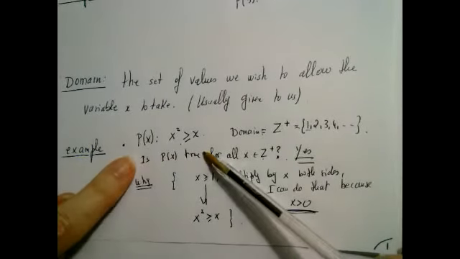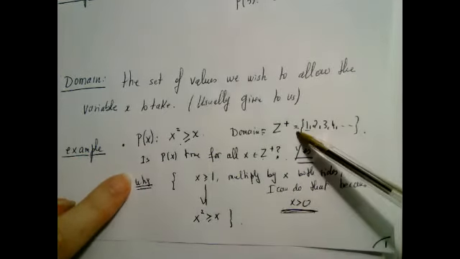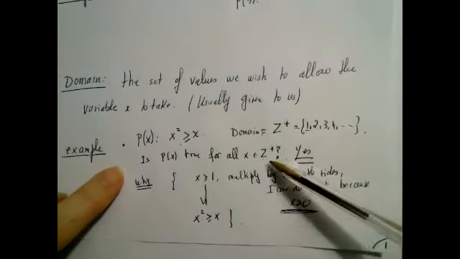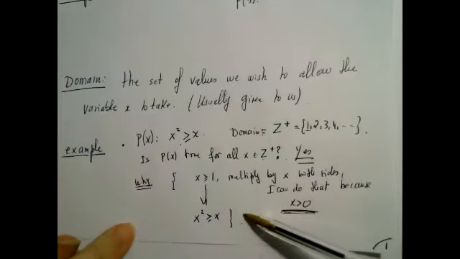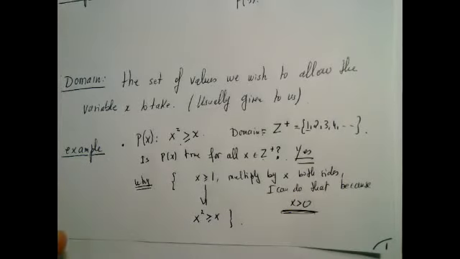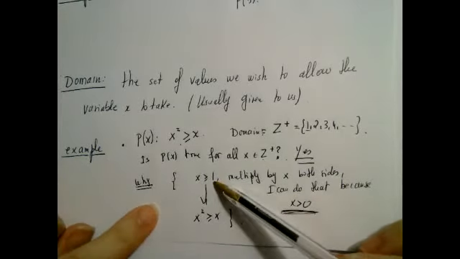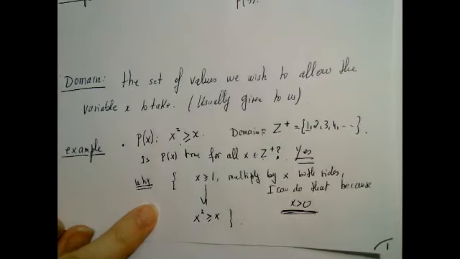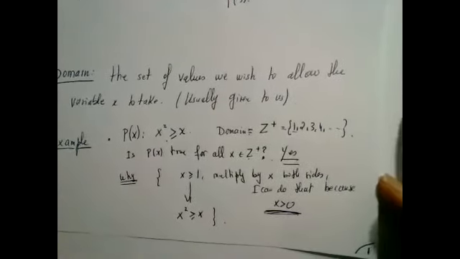So this is my P of x, and this is my domain, and this is crucial. Is P of x true for all x in my domain? Yes, because if x is bigger than 1, multiply by x both sides, we get x squared bigger than x.